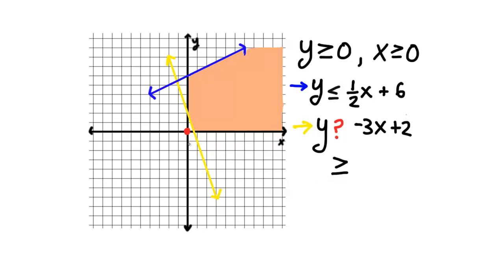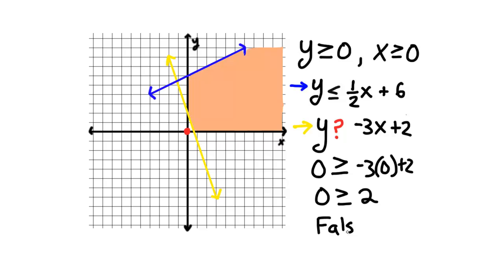So now let's plug in our test point, the red point right here, and we're looking at the yellow line as the boundary line. So y is 0, negative 3 times 0 plus 2, and that reduces to 0 is greater or equal to 2. So this is false. So if we look at the yellow boundary line, we want to shade the side that's opposite of the test point.